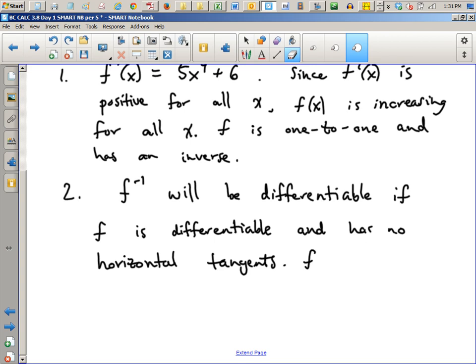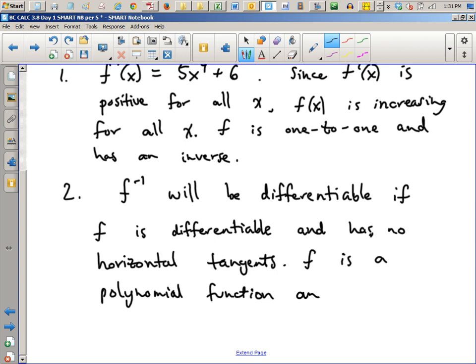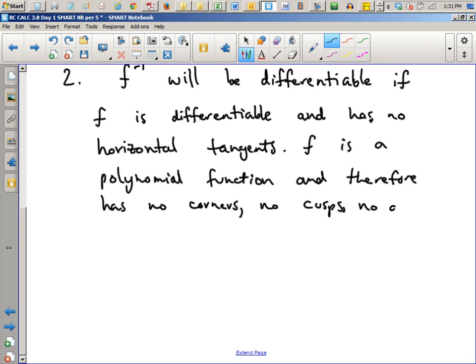F is a polynomial function. And therefore it has no corners, no cusps, no discontinuities, and no vertical tangents.